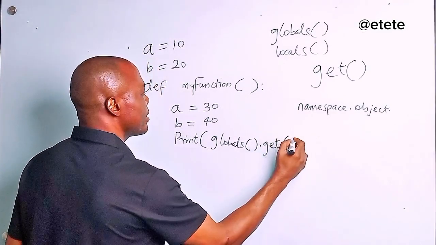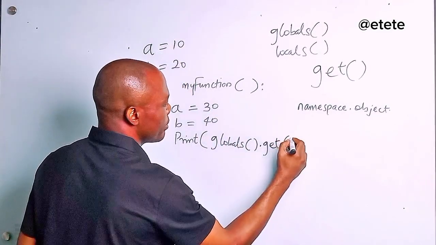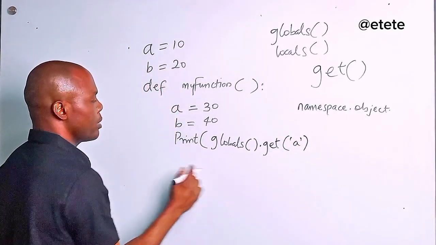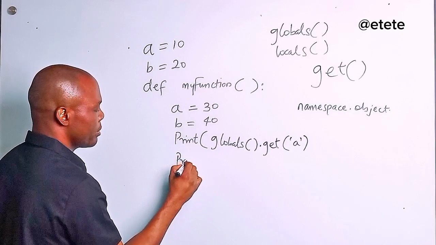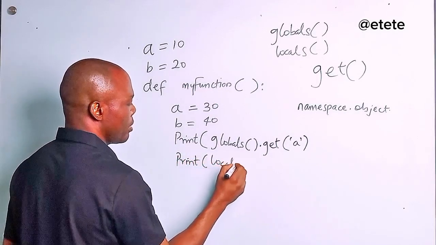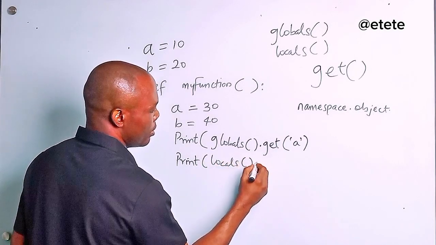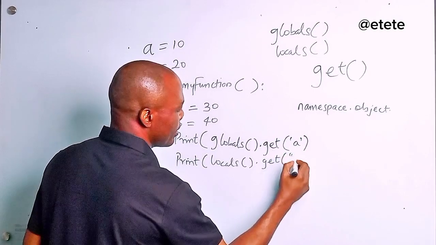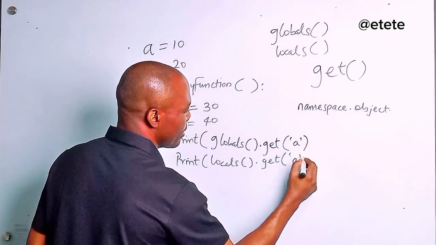Now inside this, I will call this. Then for this one I will say print locals dot get a.